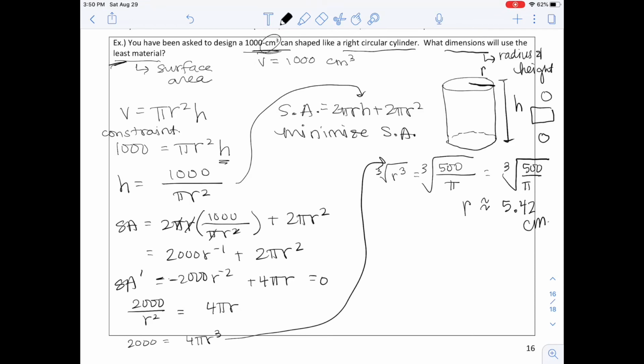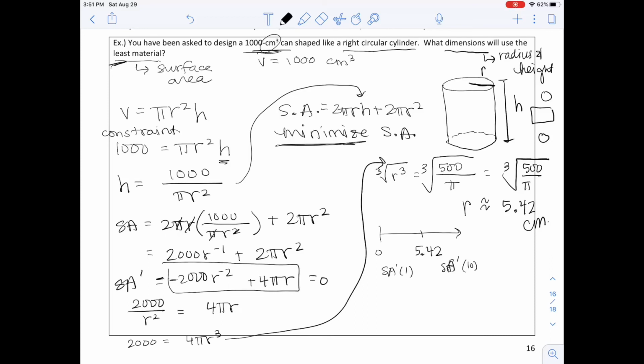So in order to see that this is minimized at this value, I need to make a number line. I'm going to start my number line at 0, and I'm going to put 5.42 on here. I need to substitute this into my derivative function, which we have. And I'll go ahead and box that. And I need to see what is the derivative of something smaller. So we can substitute in 1, and something larger, we can do the surface area prime of 10.